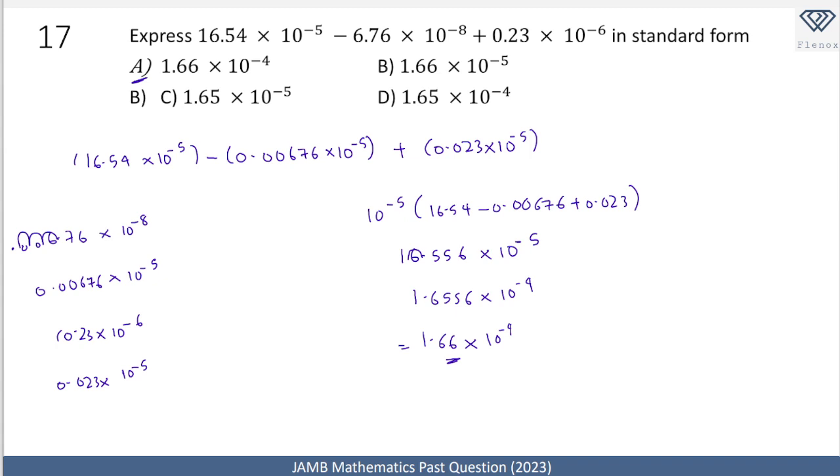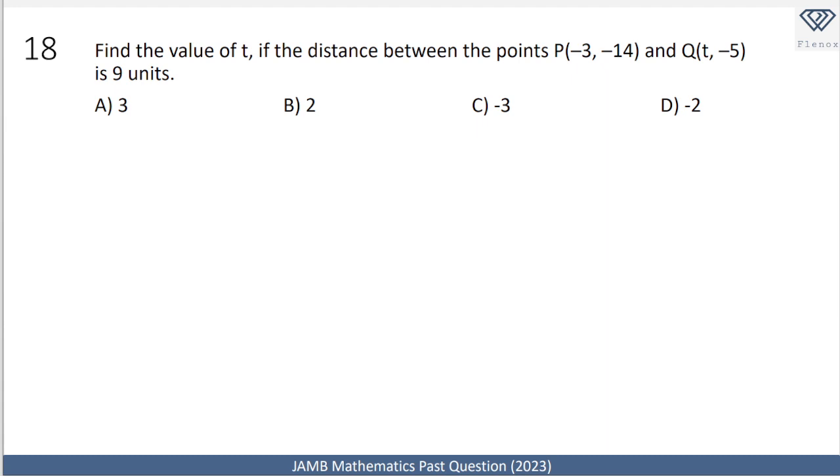So moving on to the next, we are told to find the value of t if the distance between the points this and this is 9. So now we know that the distance between 2 points D, let me use that as the same thing as saying the square root of what?